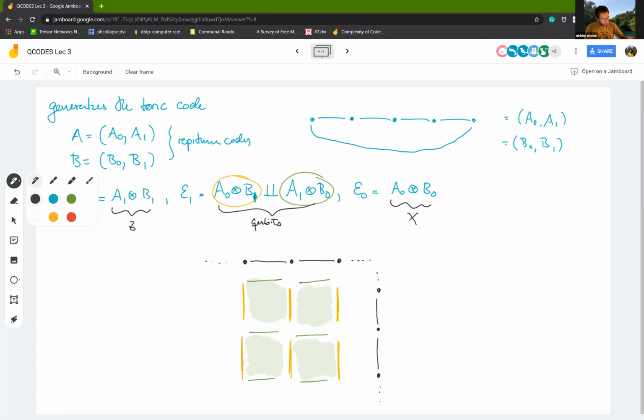And then the last thing that we need is this. When I take the product of 2 vertices, I get this. So what I see is that if I take this product of the A0, A1 and B0, B1 repetition codes, I indeed get the toric code as a cell complex. So the toric code cell complex is a nice structure as a product structure. That's the first thing we realize here.